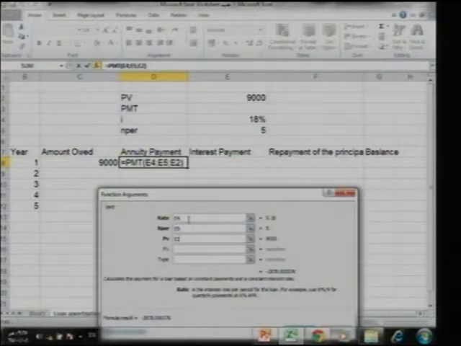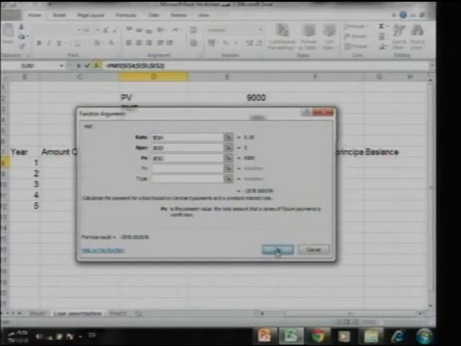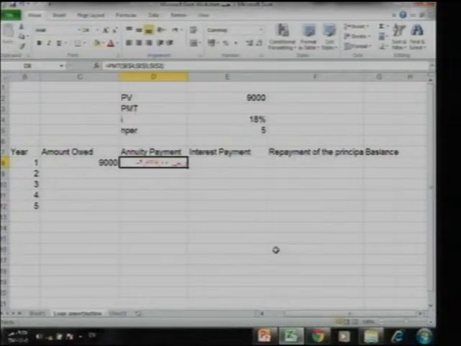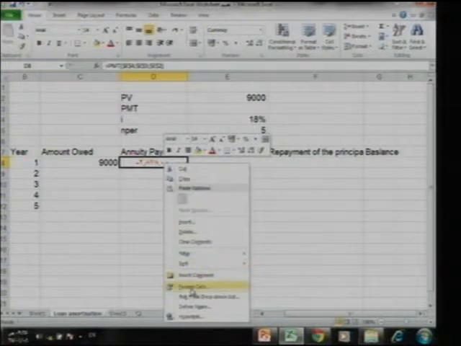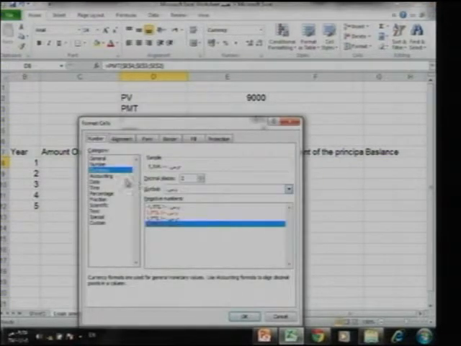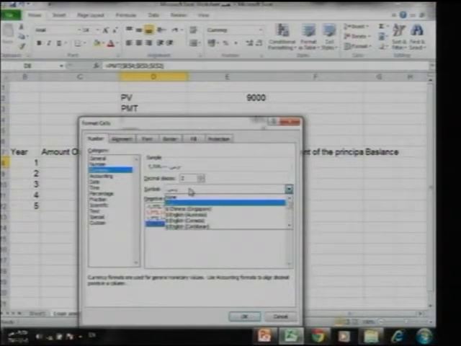Don't forget this is fixed; we have to fix this by using F4. Okay, so what is the result? The result is 2,878. Double check this. Just change the currency.